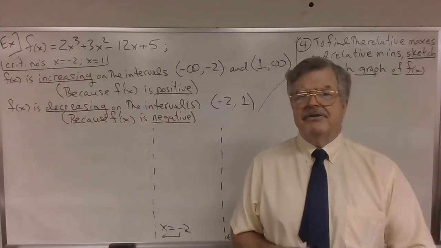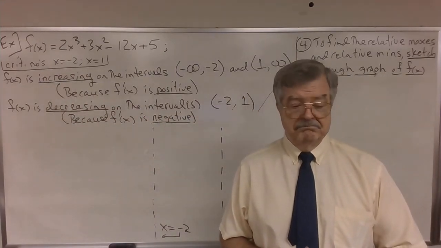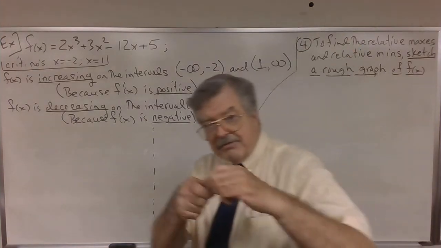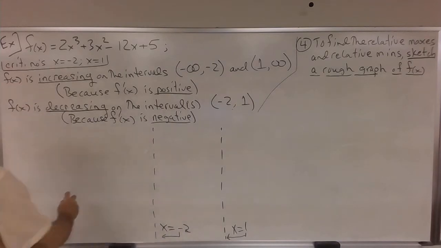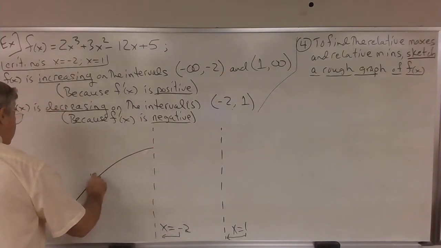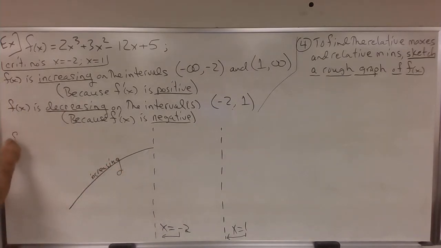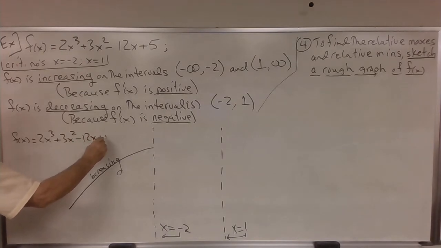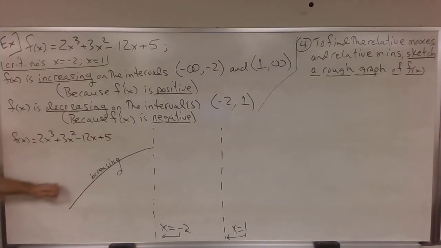And what does an increasing function look like? Goes uphill from left to right, doesn't it? So that's what I'm going to draw. Here's my function going uphill from left to right. So here's f of x increasing. F of x equals 2x cubed plus 3x squared minus 12x plus 5. So over here, f of x is increasing.